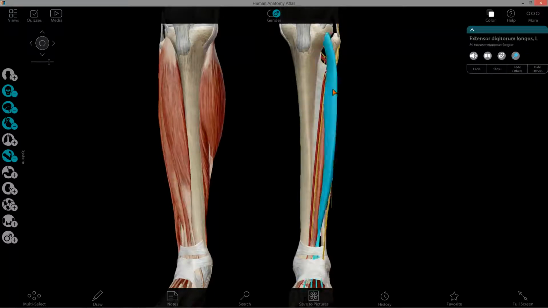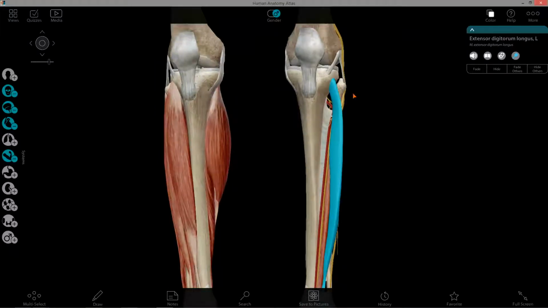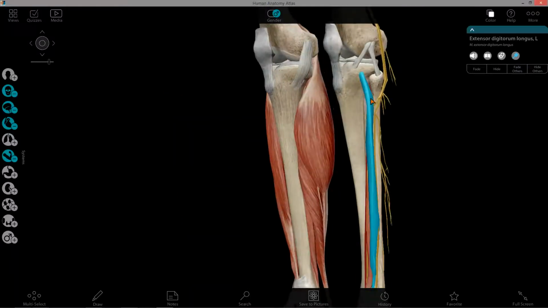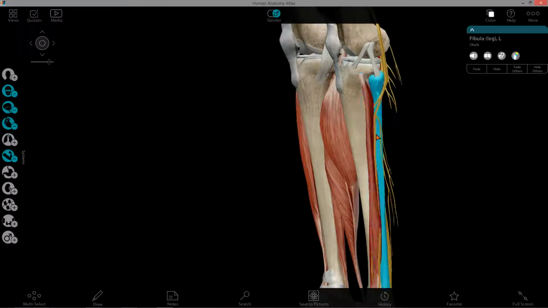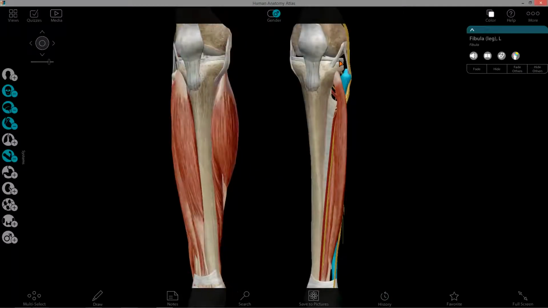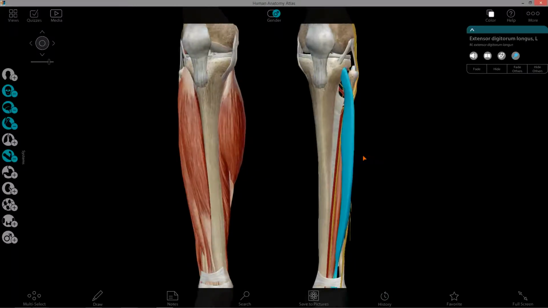And the next thing we're going to discuss is the extensor digitorum longus. So its proximal attachment is the proximal first half of the medial surface of the fibula. So you can kind of see how it attaches all along, this is the fibula, all along the fibula for its first half. And it also attaches to the lateral condyle of the tibia.